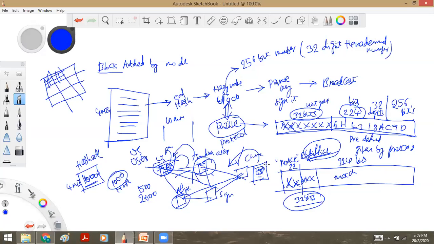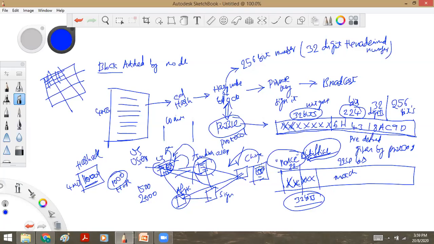As soon as this block is received by other nodes, they will calculate the hash value, and because they know the puzzle, they will compare it with the puzzle. All the nodes in the network will agree because the hash value is matching the puzzle with the given nonce condition. So that is how at a given point of time, only one node will be able to solve the puzzle.